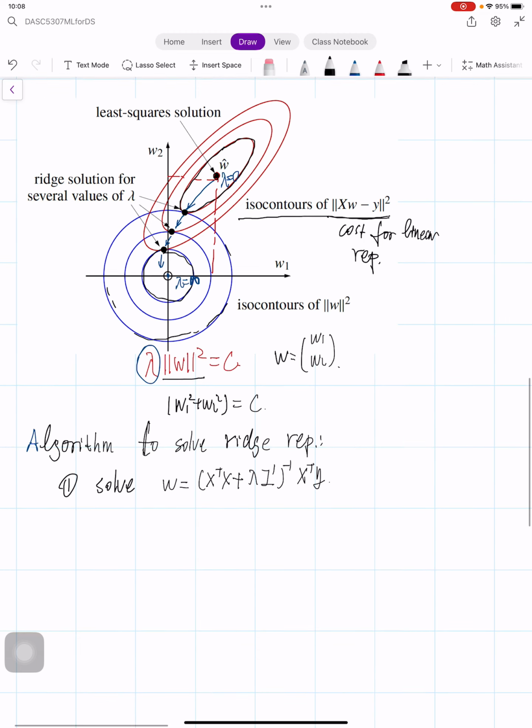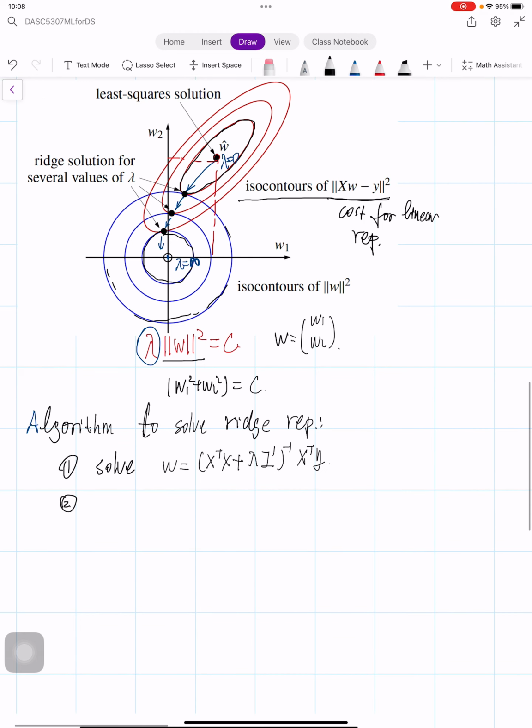You solve this w first. Second, you return your regression function. Maybe we should not use w here. This is the regression function, whose input is the feature space. So this should return, supposing our new feature is z, z transpose w.